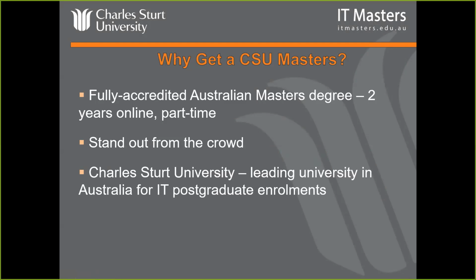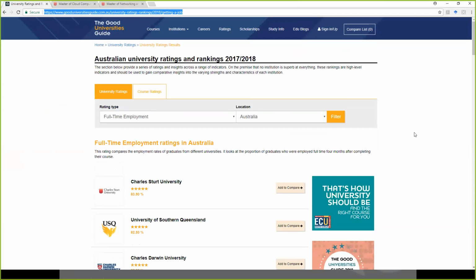And I'm just going to drag across now. You can check out for yourself. There's a great little guide in Australia called the Good Universities Guide. And I'll just pull that across there. You can Google that yourselves. One area where Charles Sturt continually excels is actually with our full-time employment rating.